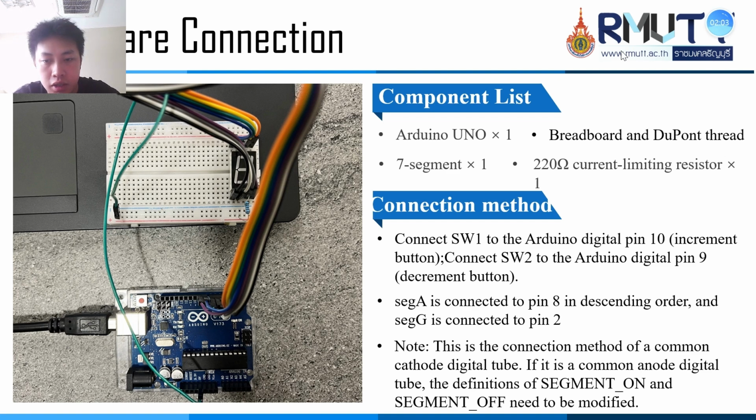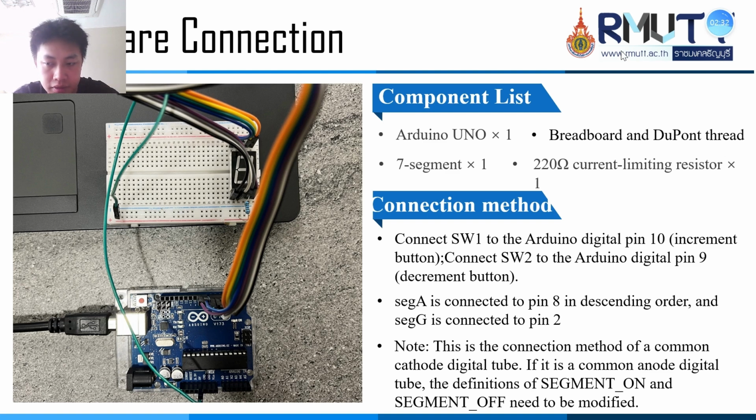As for the connection method of this hardware, we connect SW1 to Arduino digital pin 10 as the increment button. Connect SW2 to Arduino digital pin 9 as the decrement button. Segment A is connected to pin 8, in descending order, and segment G is connected to pin 2.